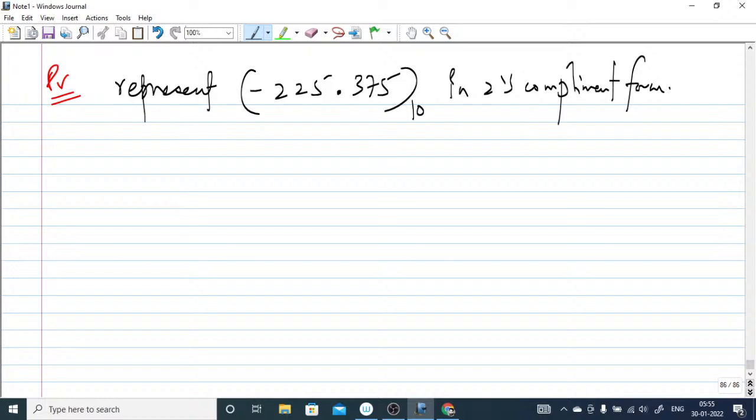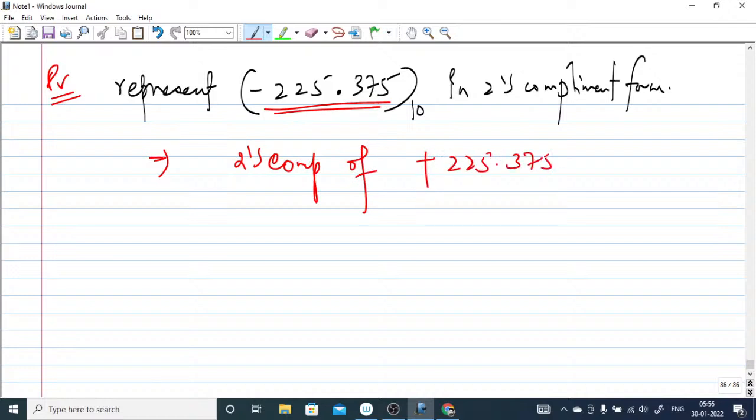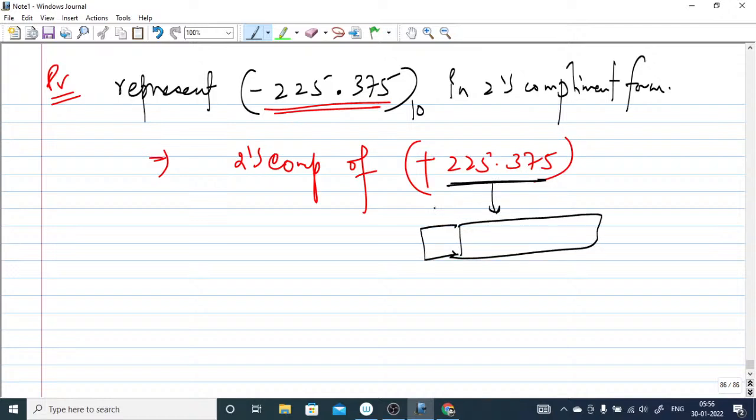Okay, so what you have to do here is take the 2's complement of plus 225.375. This plus will give you an extra 0, and you convert this into binary format and add an extra bit, that is the sign bit.